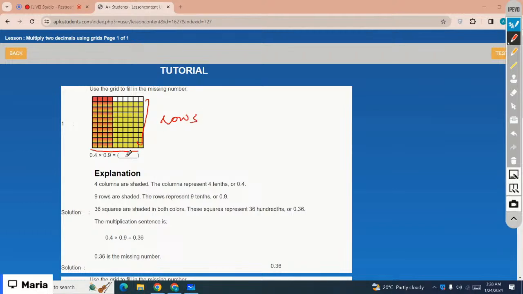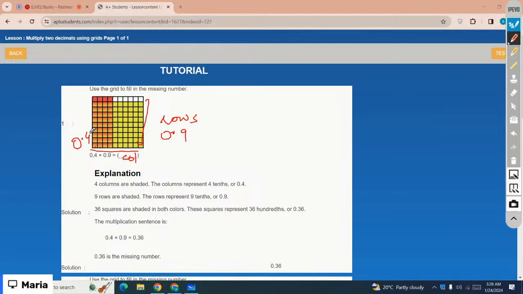When you move like this, these are the columns, right? So the rows, yellow color, you have 9 lines that are yellow. That represents 0.9, right? Then you have 1, 2, 3, 4 lines that have, I think, red color. That represents 0.4, right?